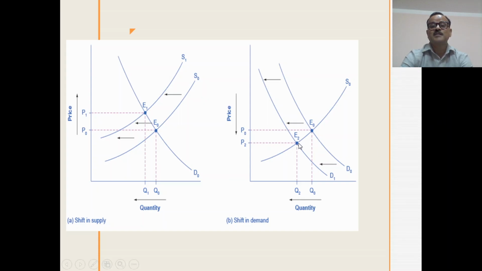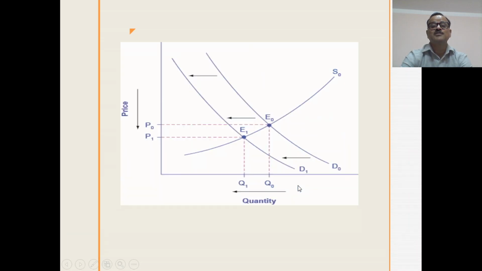The demand curve shifts, then originally demand and supply curves meet here at price P0, quantity Q0, but when the demand curve shifts backward, it meets at E2, then price is reduced and quantity is also reduced, which is shown here.